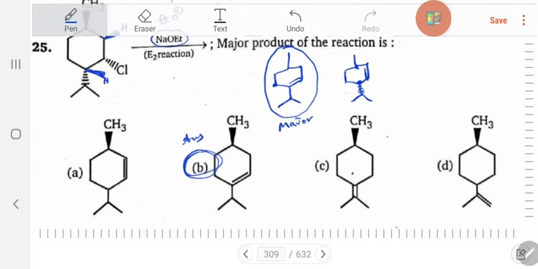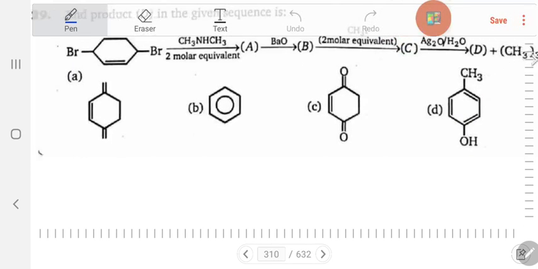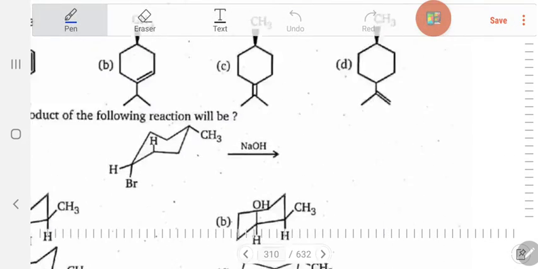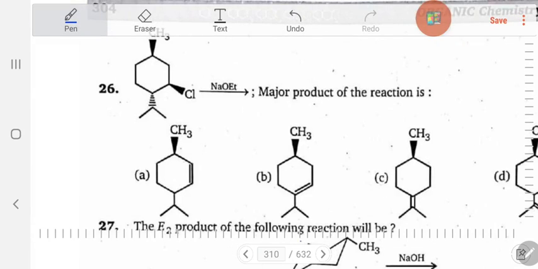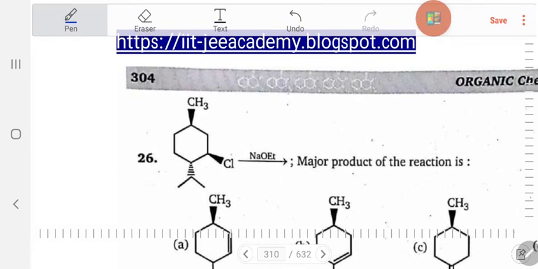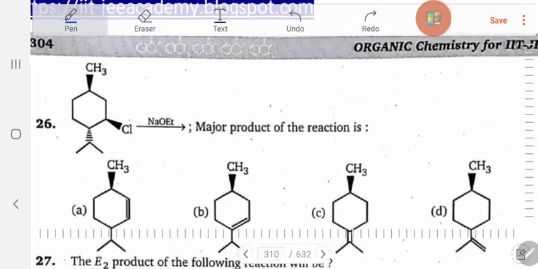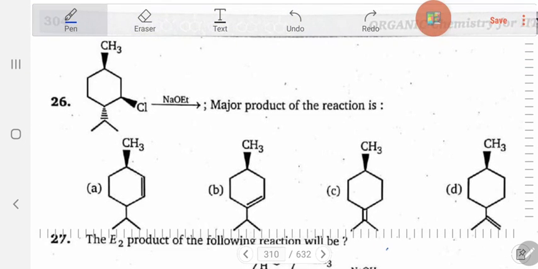Next, question number 26. I think we have seen this example yesterday. Now coming to question number 26. Now here the hydrogen is above the plane and the given base is a strong base.